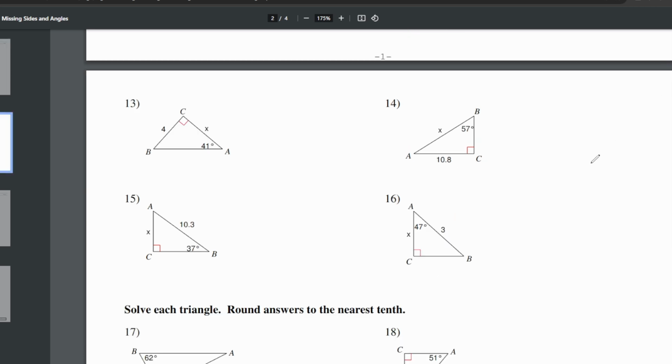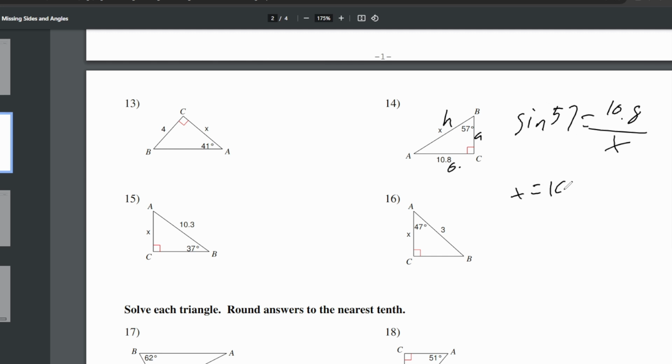You know what? Let's do this one. This one is flipped, so don't get confused. Adjacent, opposite, hypotenuse. We have a value for the opposite, and we're looking for the hypotenuse. So we could do sine 57 equals opposite, or 10.8, over x, and like I said, use that method.